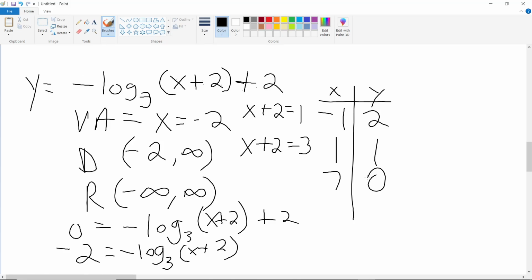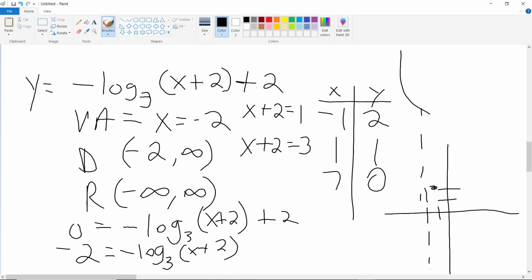So now I can draw it, and this is negative, so it's going to look like this. And the vertical asymptote is x equals minus 2. I've got negative 1, 2, and 1, 1. And 7, 0: 2, 3, 4, 5, 6, 7.